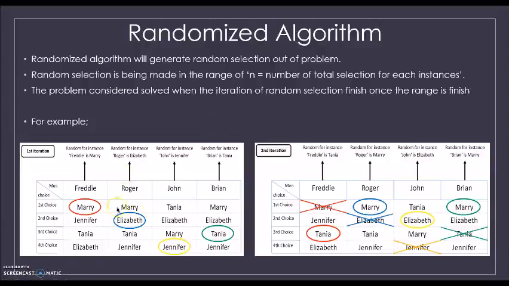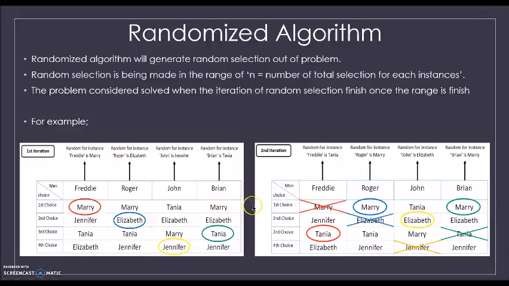For the first iteration, Freddie chooses Mary, Roger chooses Elizabeth, John chooses Jennifer, Brian chooses Tanya. And for the second, the choice is made randomly by the machine, using the random algorithm.